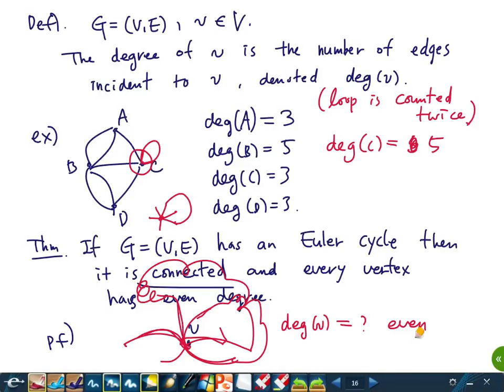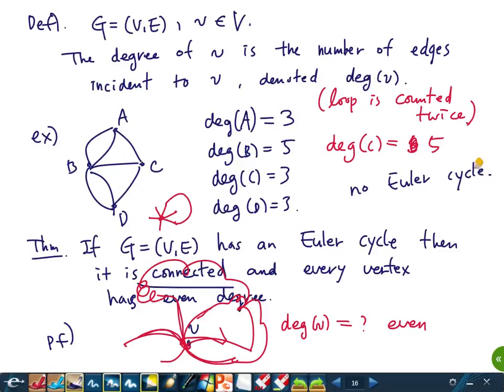So by this theorem, you can immediately say that there is no Euler cycle for this graph. Because if there is, then every vertex must have even degree. The degrees are not even; they're all odd. There's no Euler cycle in this graph.